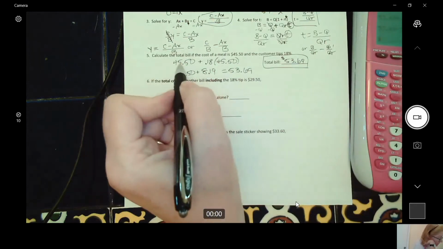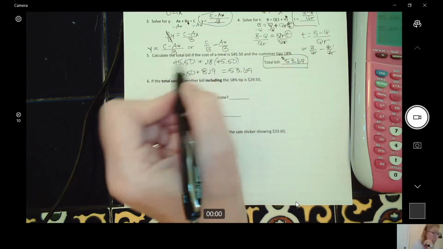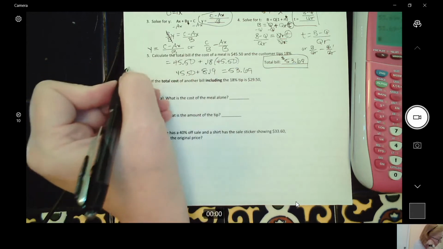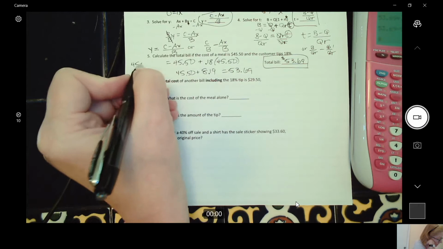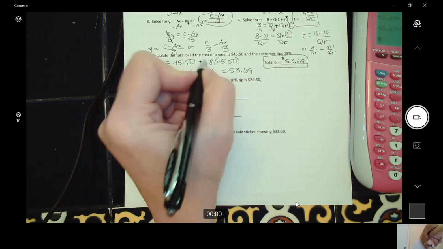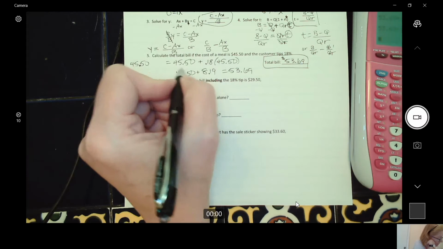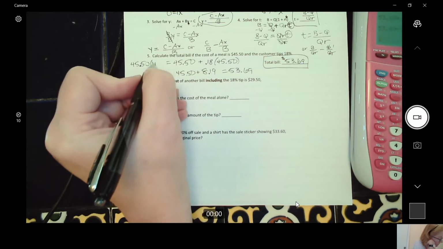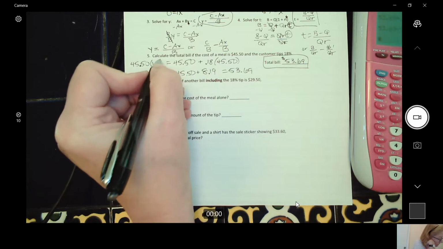Okay, so what we do instead, this is an interesting thing. See how both of these calculations involve the 45.50. You could also think of this as taking the 45.50, and instead of doing it in two separate steps where we do the 45.50 and then add 18%, think of it like factoring out the 45.50, and look what you have here.